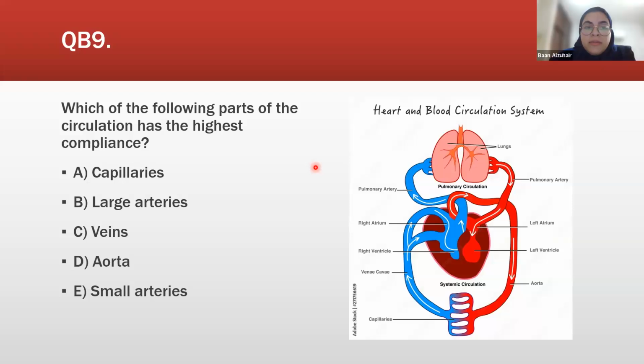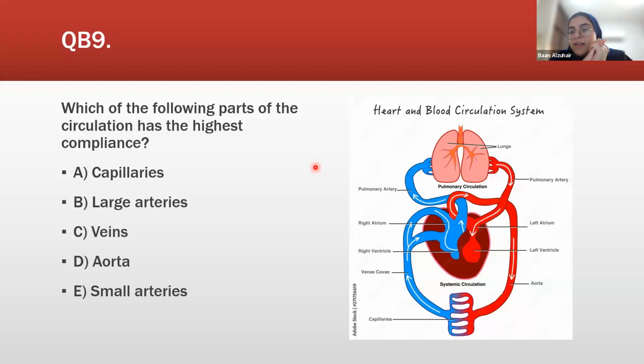So the vascular compliance, guys, is proportional to the vascular distensibility. The veins are able to distend more than the arteries. The arteries are a bit more stiff because they deal with higher pressure and higher blood flow.